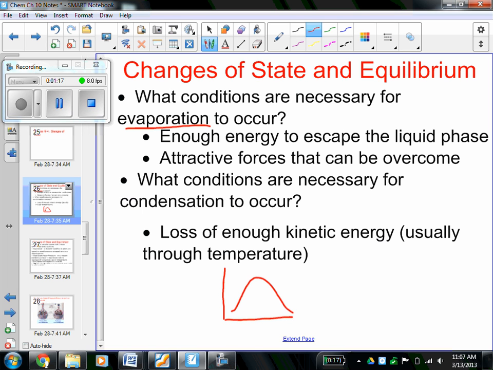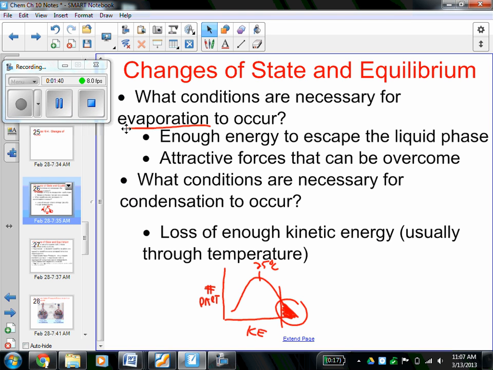Only the extreme top portion of this has enough energy to evaporate. So just this top portion right here, okay? This is about 25 degrees Celsius water, let's say. So only this extreme stuff here is going to be available to evaporate.